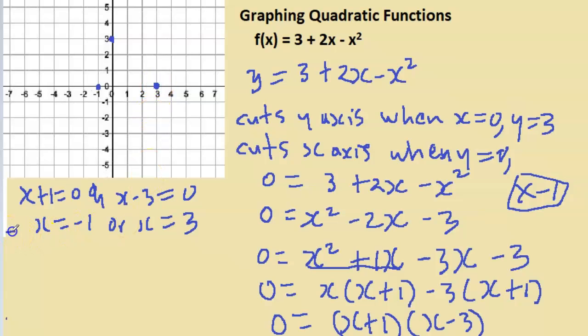Now we need to find out where the graph turns, the turning point. Remember, the x-coordinate we get by using negative b over 2a. In the equation there, b was positive 2. B is the coefficient of the x, or the number in front of the x, which is positive 2. So that's an error there. B should be positive 2. And a is the coefficient of the x squared, which is minus 1.